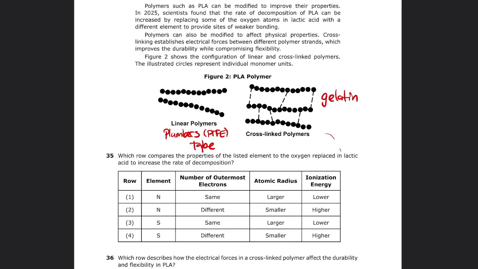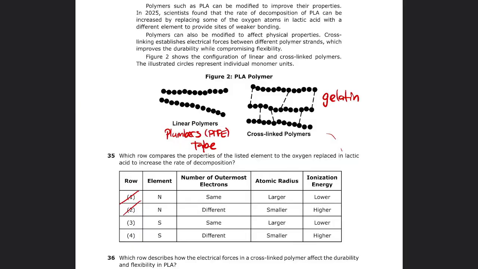So I'm going to just get rid of row 1 and 2. And by process of elimination, we kind of have choice 3, right? Because same number of valence electrons, it's the only one that states that for sulfur. That was my thought process, but we could go through and actually eliminate all the others by looking at the atomic radius. We know that sulfur is a bigger element than oxygen, right?